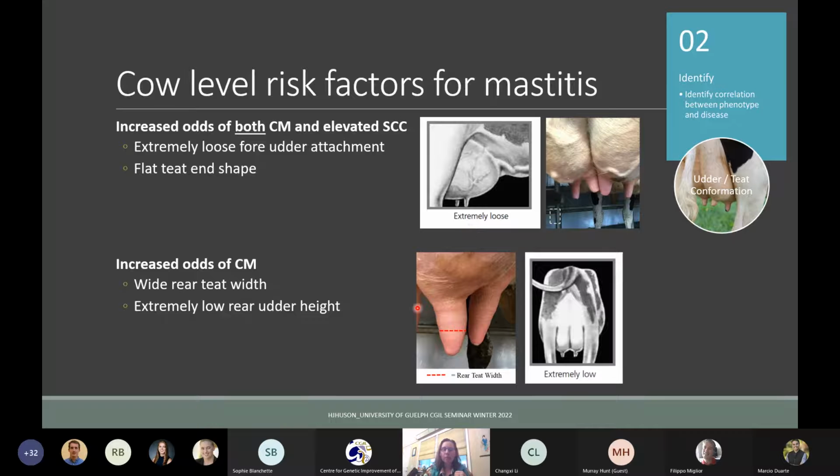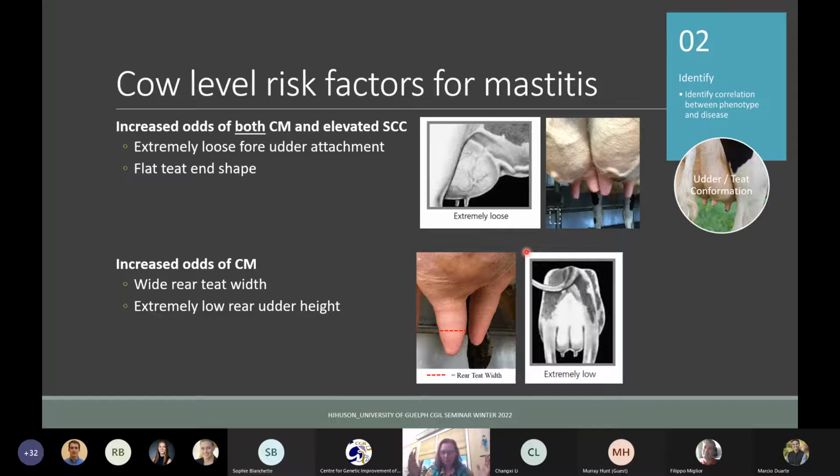When we were looking at the teat, one of the unique things we looked at is teat shape. Whether they were flat or rounded or very pointy, that was one of our novel traits. Some of these, like udder conformation and some of the other teat scores, are traditionally scored within the Holstein Association.